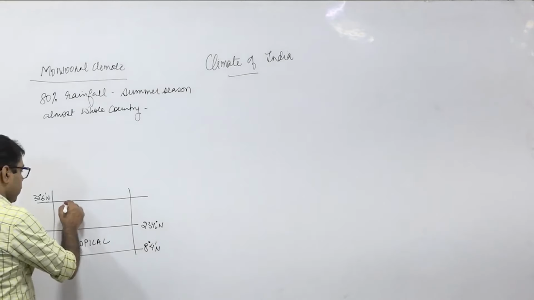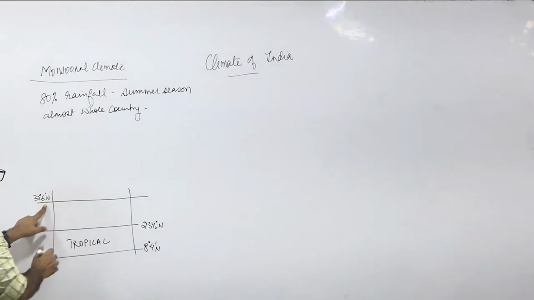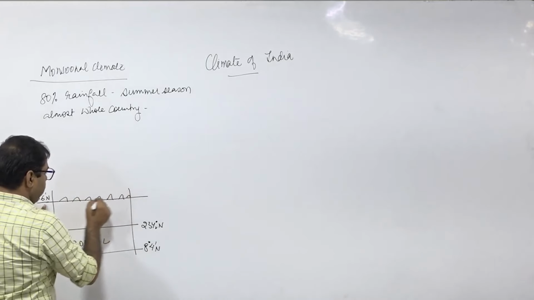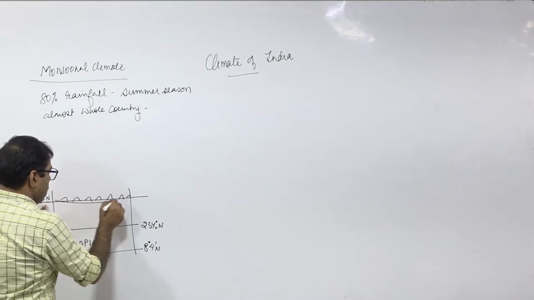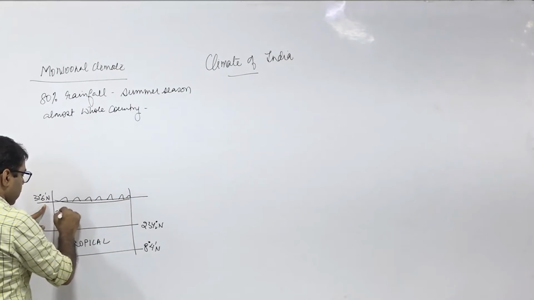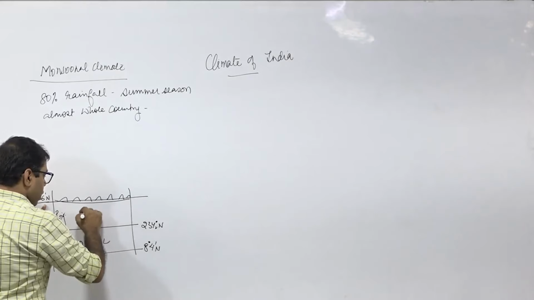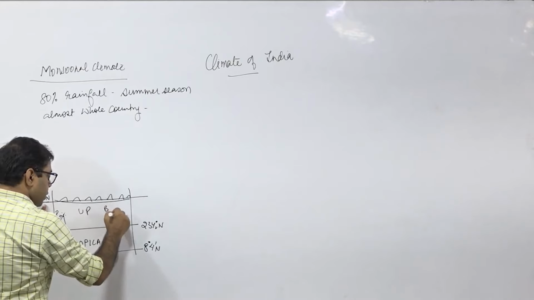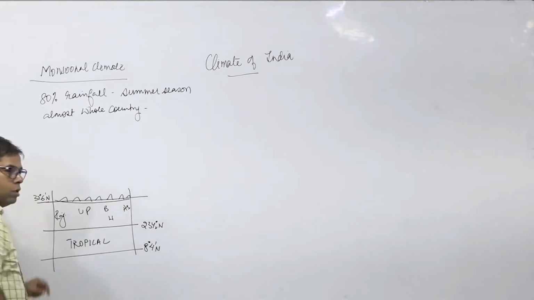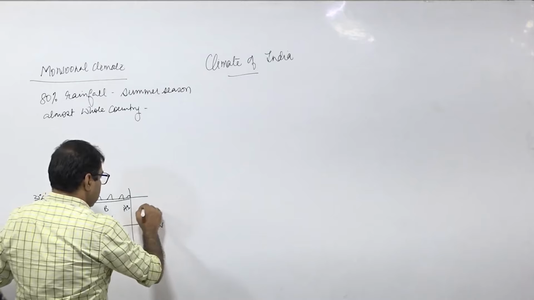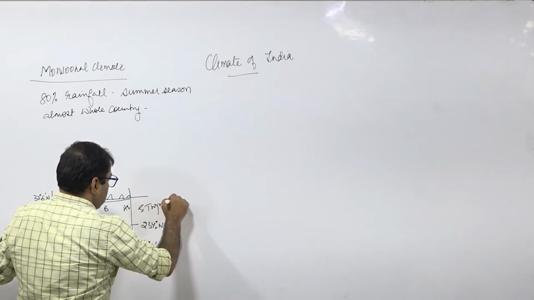But these subtropical areas, including the Himalayas, but the Himalayan altitudinal effect I am skipping because there is the effect of normal lapse rate. But this whole zone of the Gangetic Plain from Rajasthan to Uttar Pradesh to Bihar to West Bengal to Assam, they all lie in the subtropical zone, right? This area is called the subtropical zone.